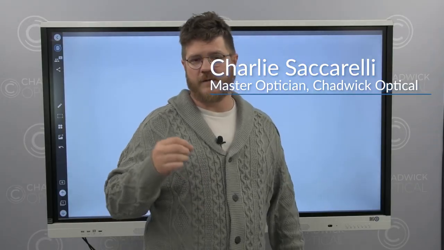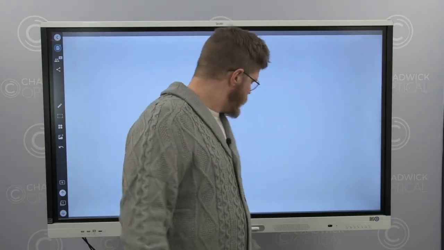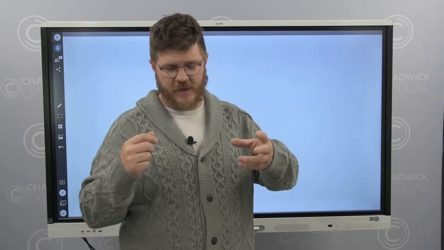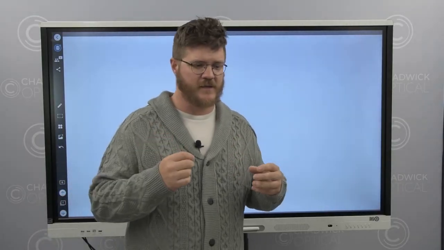Today we are going to talk about how to calculate what kind of magnifier you need. And to start, we'll talk about X. A lot of times you'll see magnifiers that say 2X, 3X, 4X, anything like that. What that would imply is that the size of the image the magnifier is creating is 4 times, or 3 times, or 2 times the size of whatever it is that you're looking at.